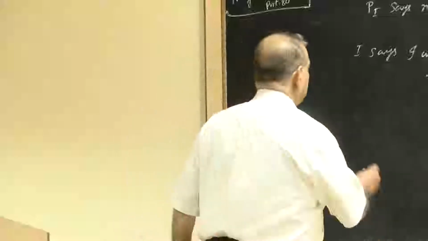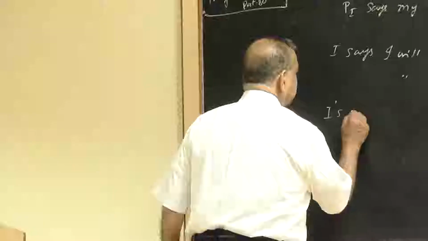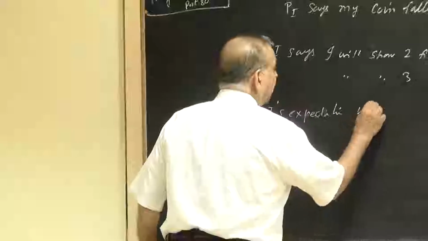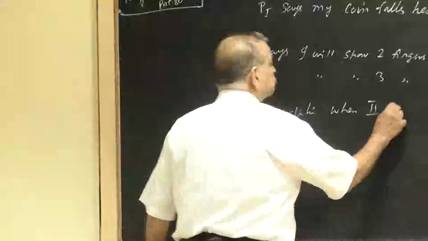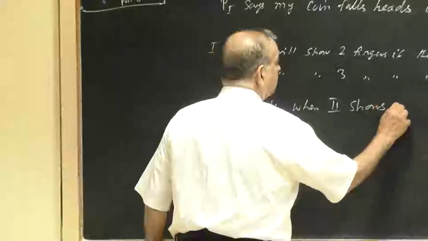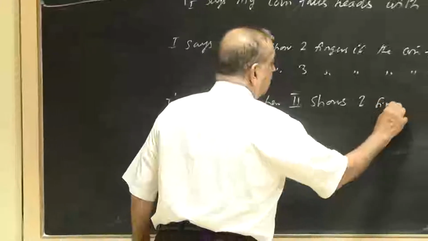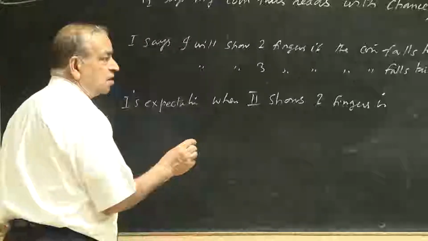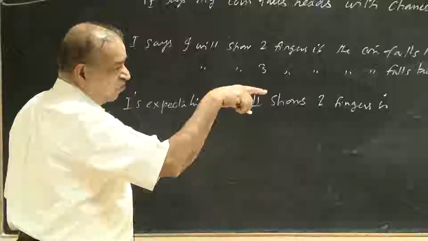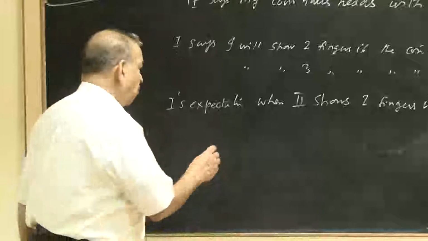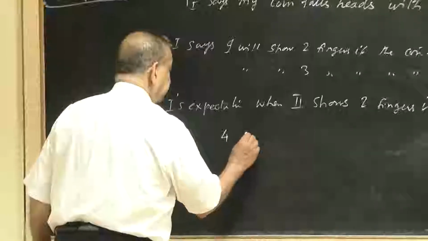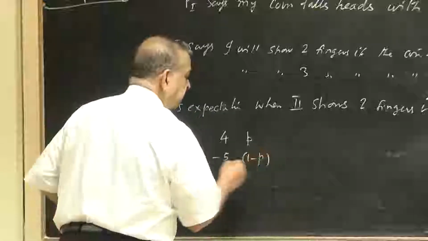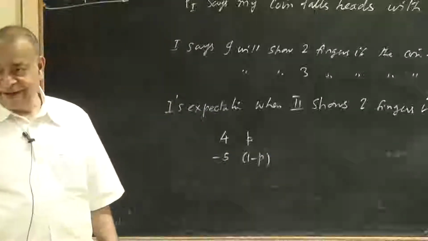So player 1's expectation when player 2 shows 2 fingers: 2 fingers means you are going to get either 4 or minus 5. So 4 with probability P, minus 5 with probability 1 minus P. Agreed?